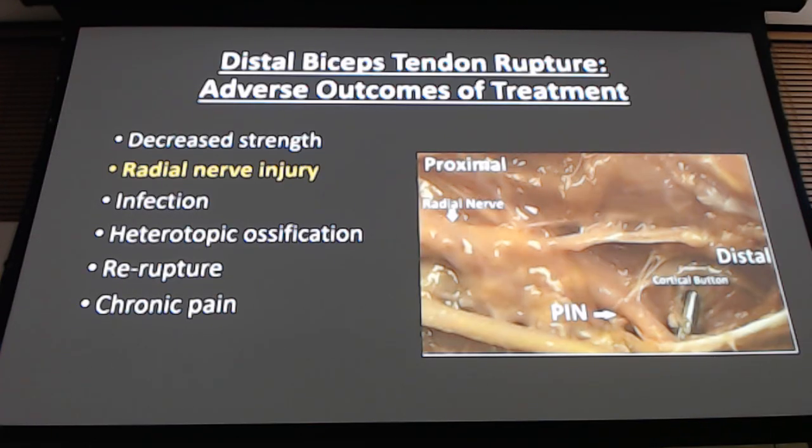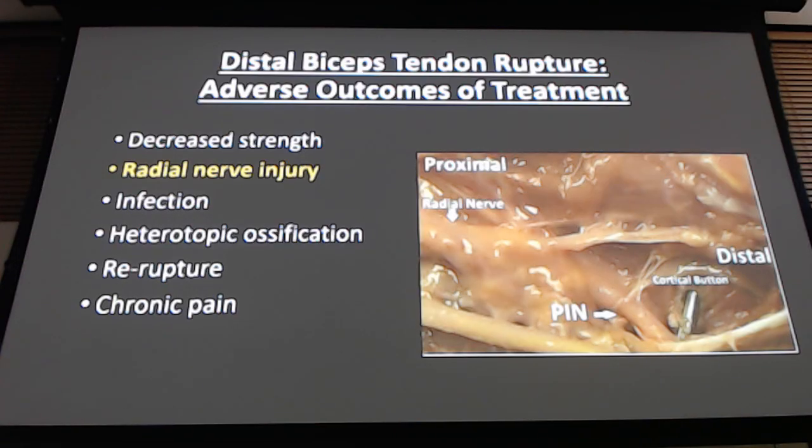Heterotopic ossification, I don't think you guys have talked about that, but have you? No? Okay, so HO, heterotopic ossification, is where you form bone outside of the skeletal system that's not normally there. So you form bone in soft tissue. Okay? Makes sense? And that's a high incidence of that with distal bicep tendon ruptures.